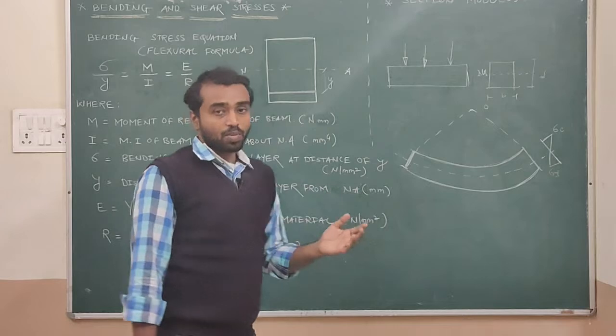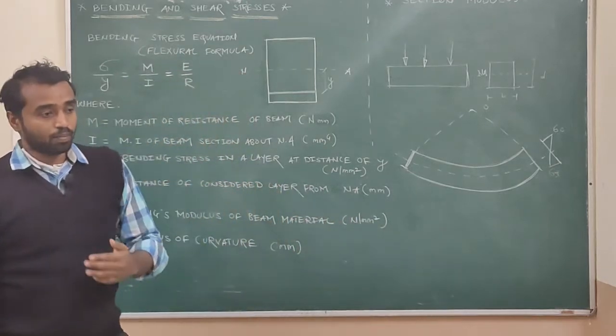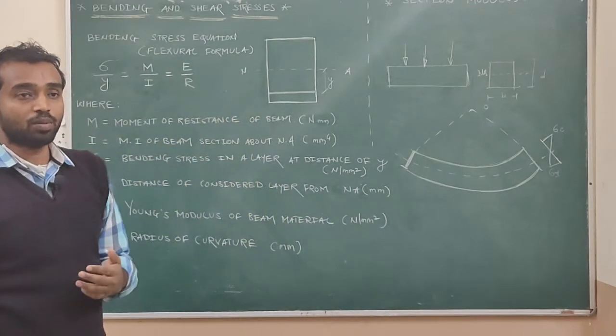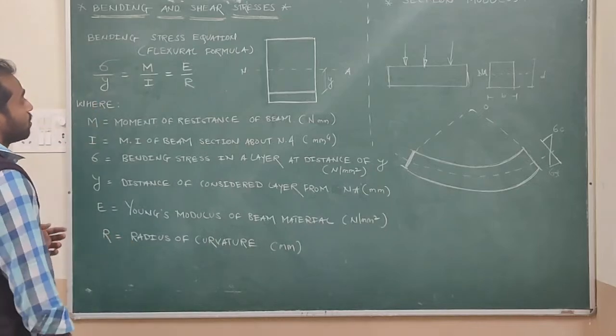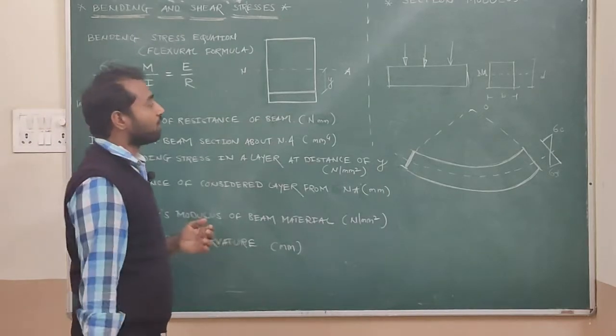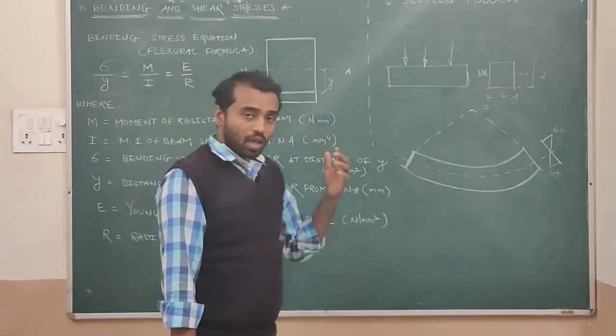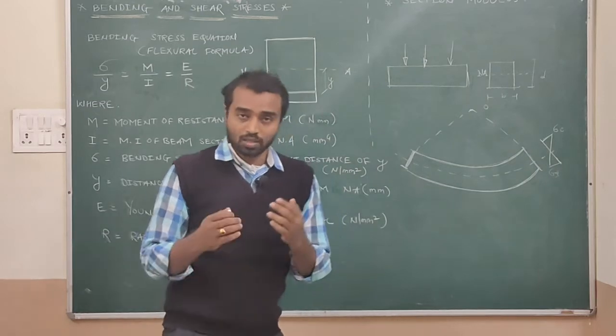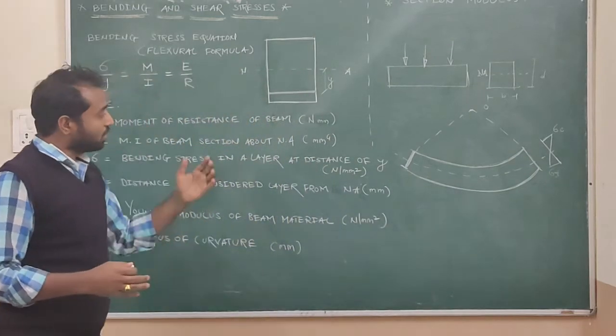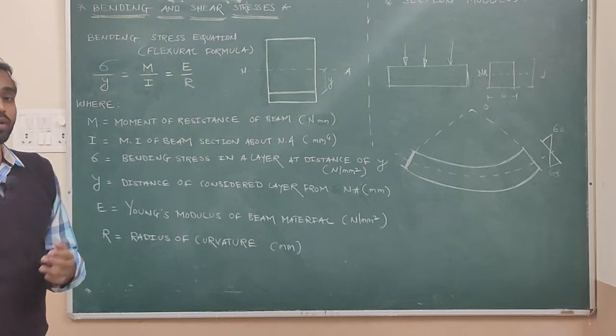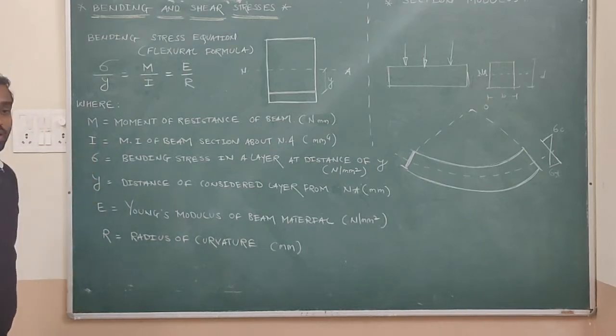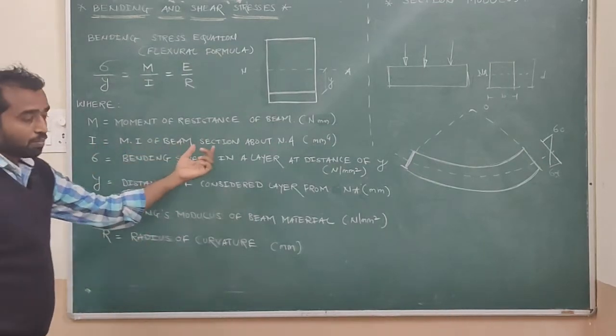For a circle, it is pi by 64 into d raised to the power 4. As you have different member sizes and shapes, according to that you need to put the value of moment of inertia of your beam section.